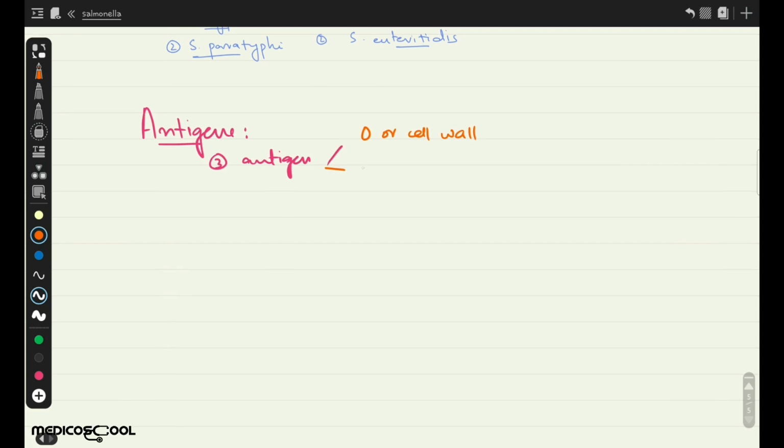The second one is the H or flagellar antigen, as in Escherichia coli, and the third one is the K or capsular, or Vi, i.e. virulence antigen, because it is the main virulence factor for Salmonella.